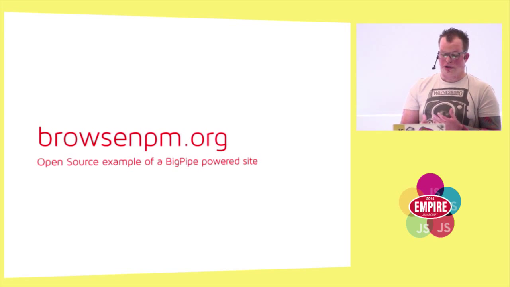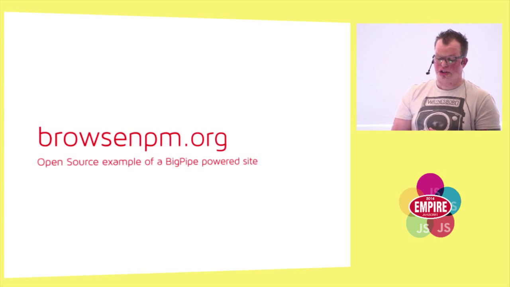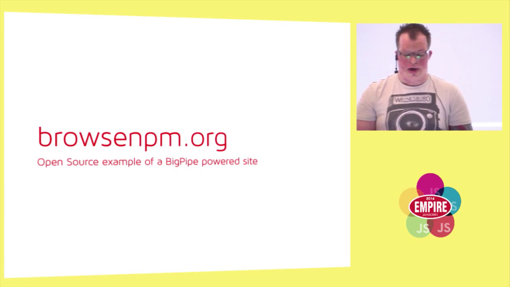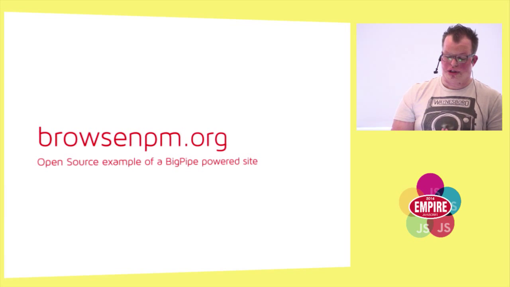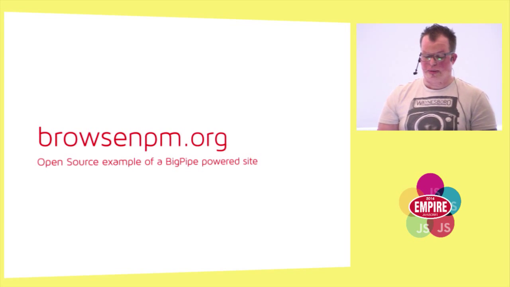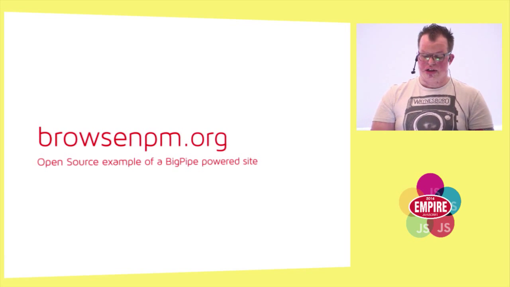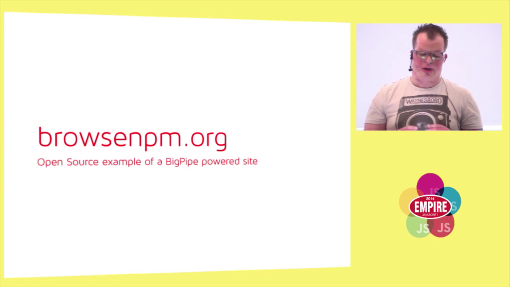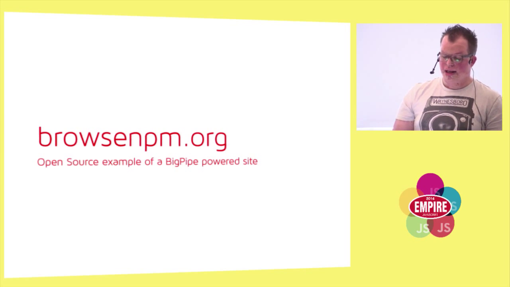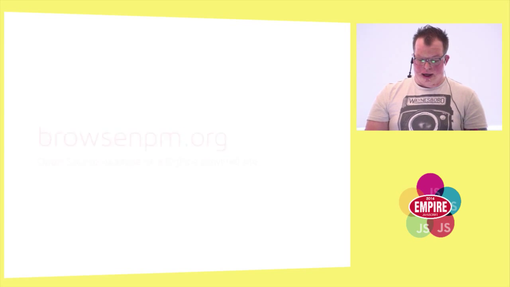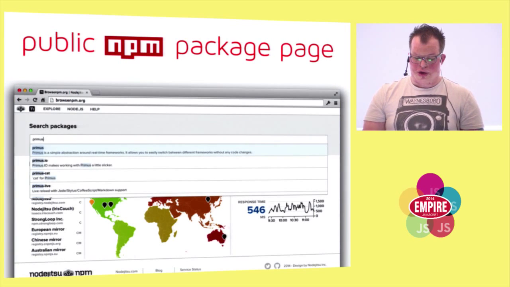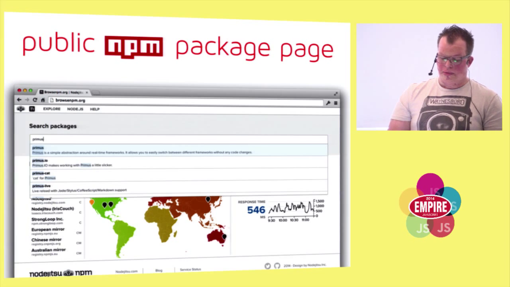So we thought, why not create a public version of this? So we created Browse NPM, which is an open source example of a BigPipe powered site. It's using all the pagelets that we built for our own private NPM, which will be released as open source as we speak. And it allows you to search packages in a really nice way.